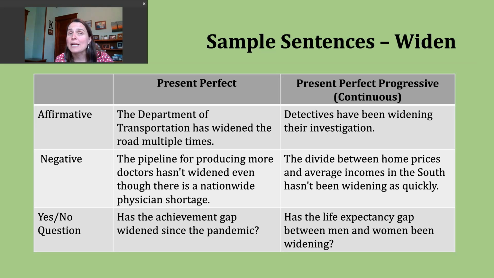Let's take a look at an example. The Department of Transportation has widened the road multiple times. Okay? So let's talk about what this sentence means. Perhaps the road started with two lanes, right? One going this way, one coming that, right? But it became a very busy road, so they decided, okay, we're going to have two lanes going in this direction, two lanes coming back in that.